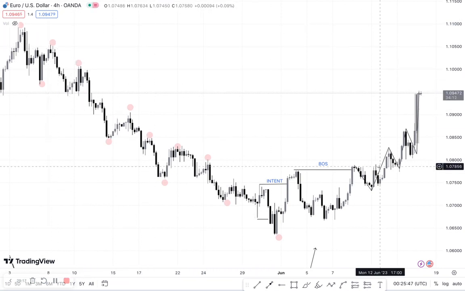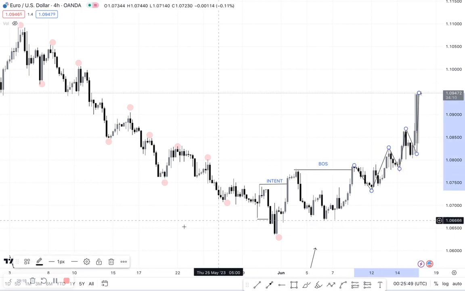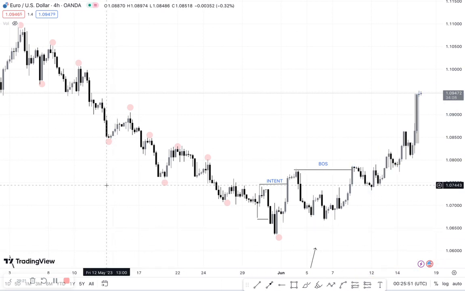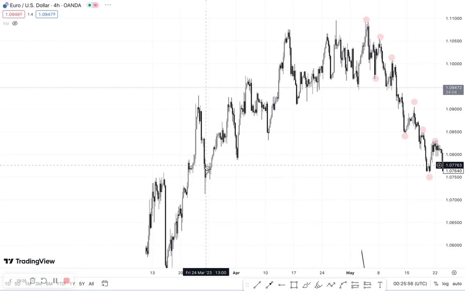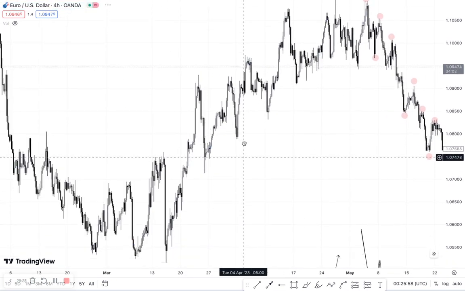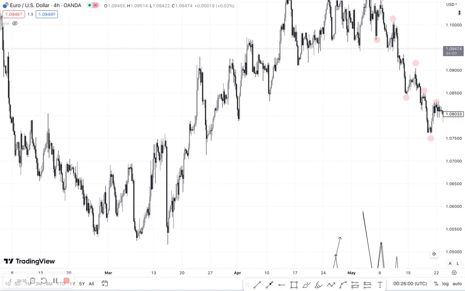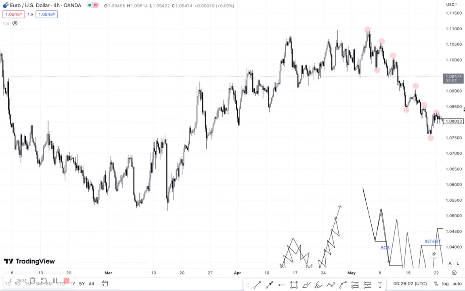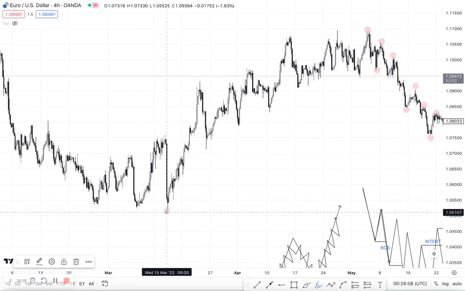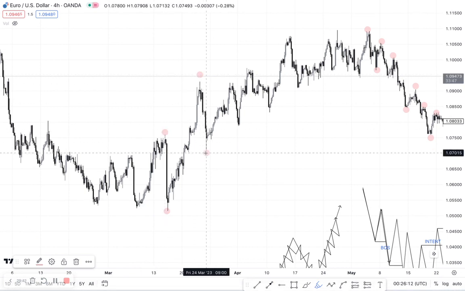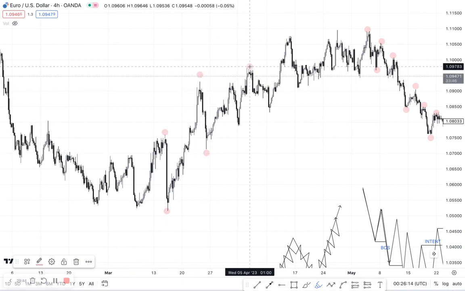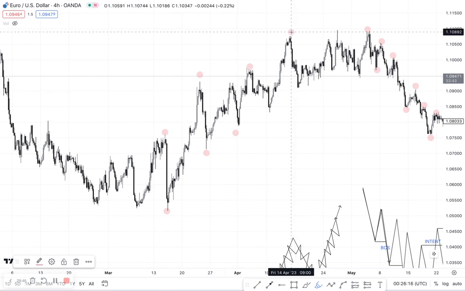All right. Now let me give you guys another example. Okay. So now another example here is from an uptrend to a downtrend. All right. So see, this is our higher low, higher high, higher high, higher low, higher high, higher low, higher high.